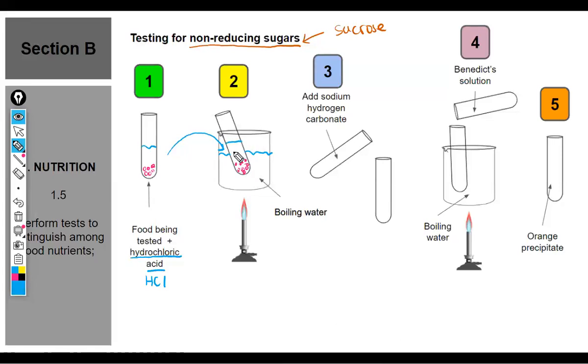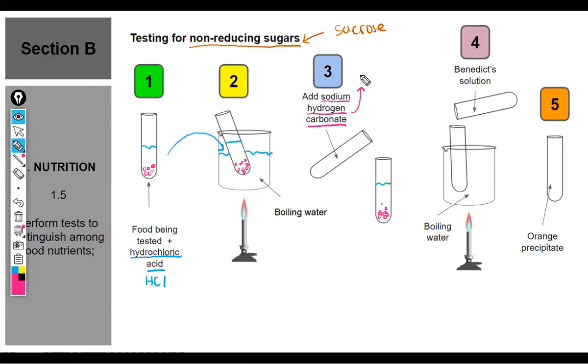After you heat it up using the boiling water, you take it out. And then you add something called sodium hydrogen carbonate, my mistake.